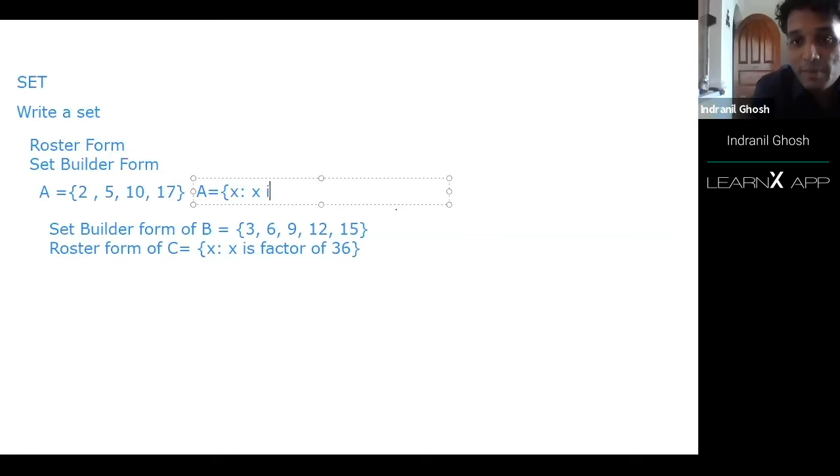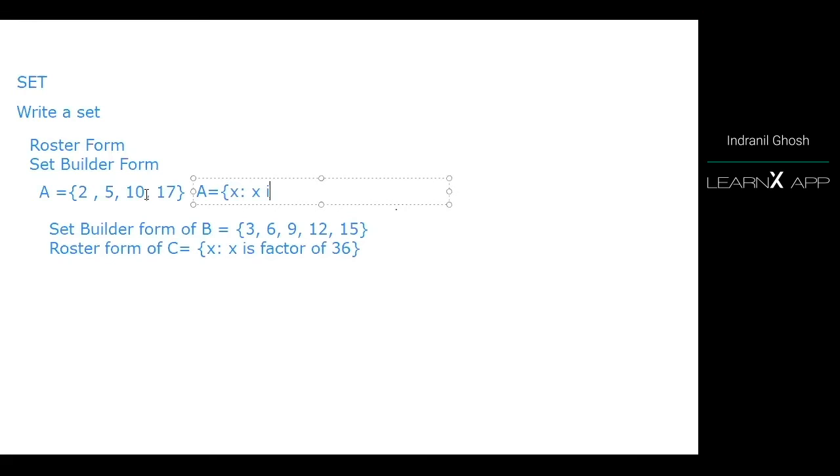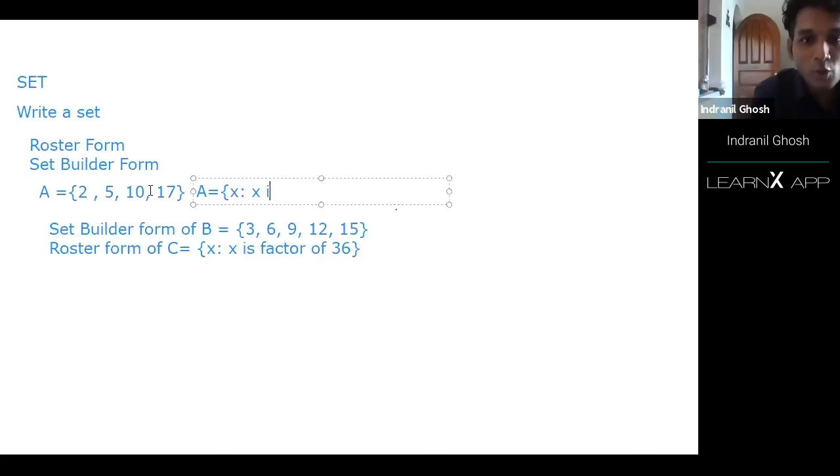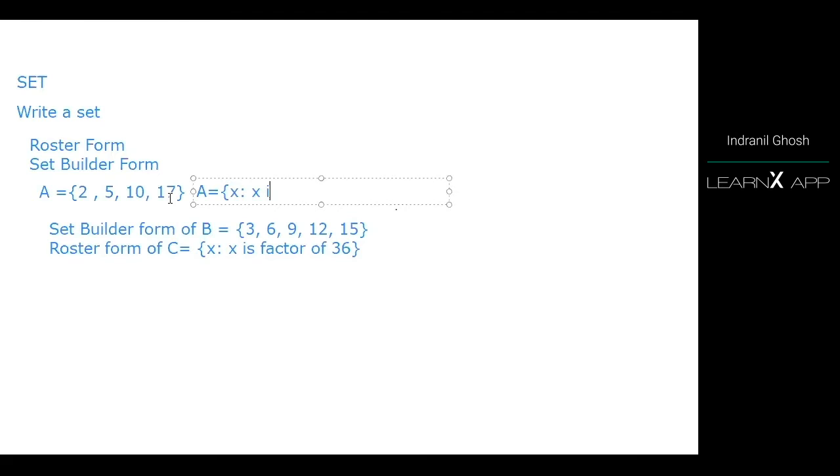Similarly, 50 would also be there. Okay, 34 would also be there, but only 2, 5, 10 and 70 are present. So not getting the answer.